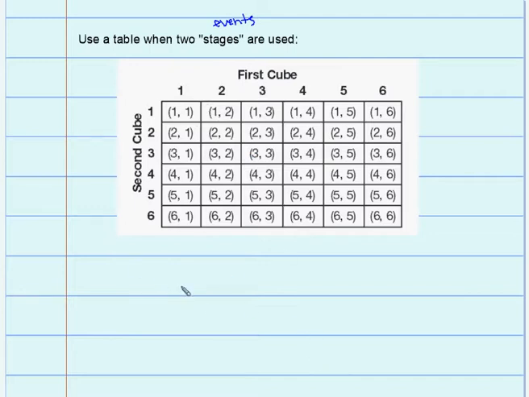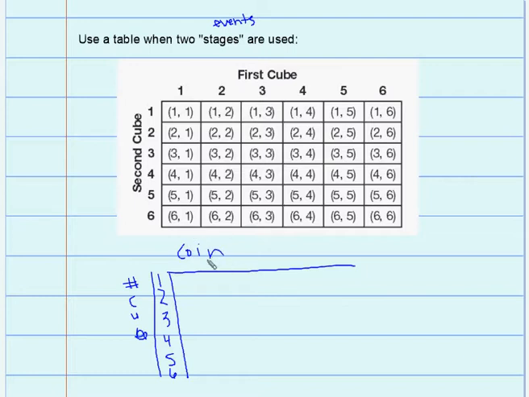You could do the same thing with the number cube and a coin flip. So you could do the number cube this way and have 1, 2, 3, 4, 5, 6. And up here you could do the coin, and it would be heads or tails. 2 outcomes there, that's it.